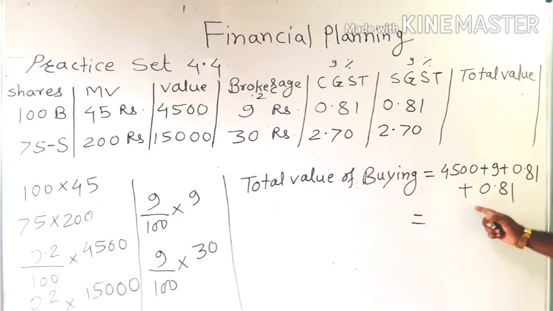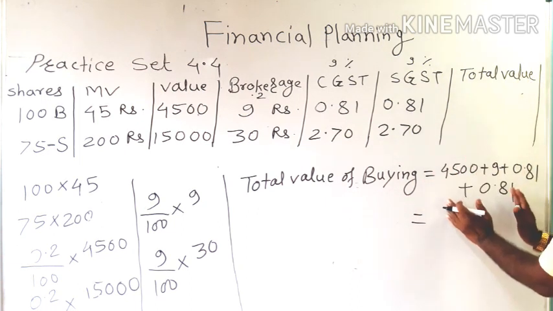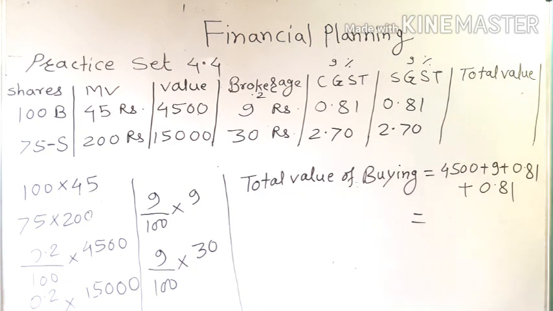That will be the total buying value that you calculate here: 4500 plus 9 plus 0.81 plus 0.81.